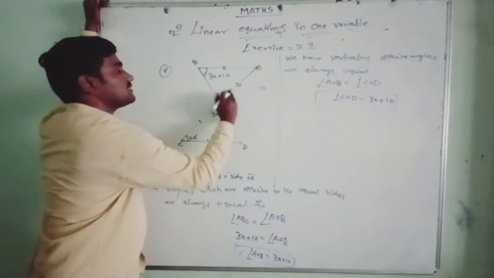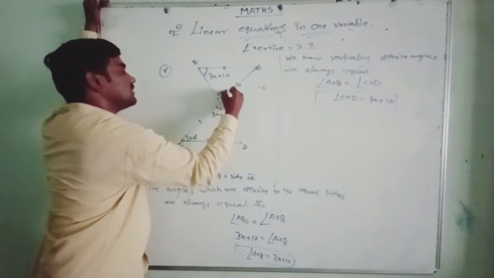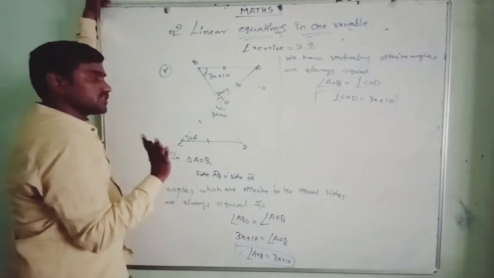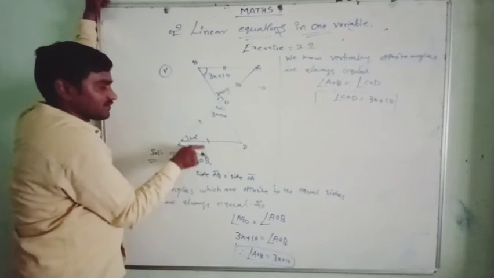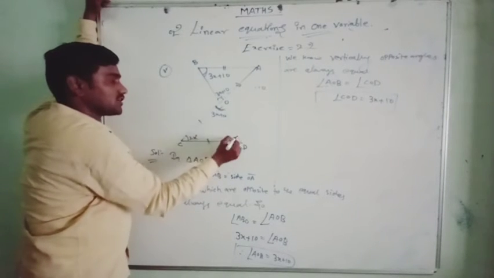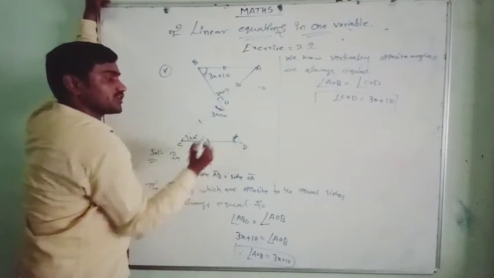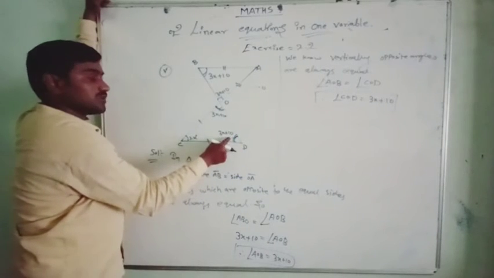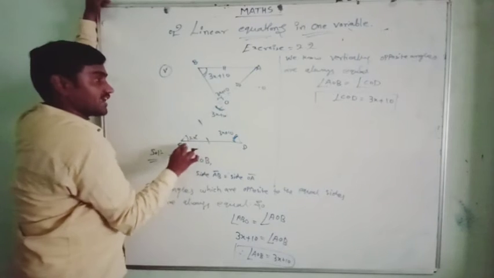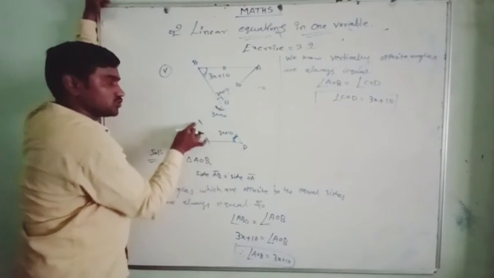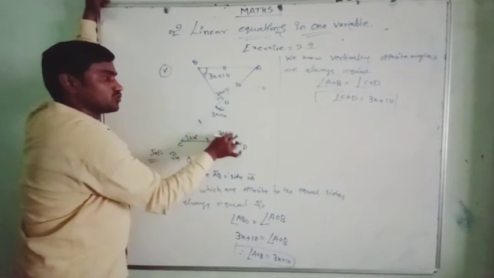Here also this angle is 3x plus 10. These two sides are equal, then opposite two angles are also equal. How do you get 3x plus 10 here? Because in this triangle COD, CO is equal to CD. These two sides are equal, so opposite two angles are equal.